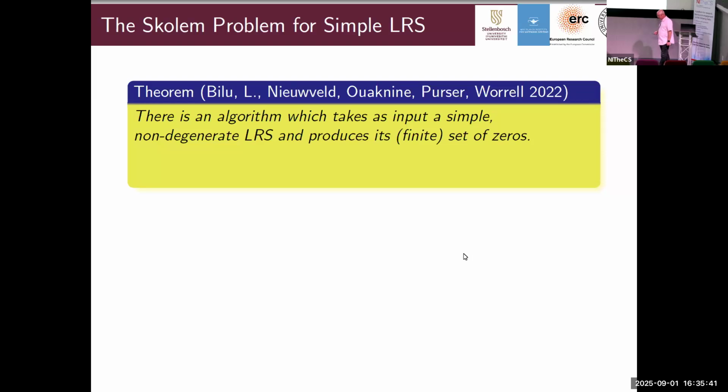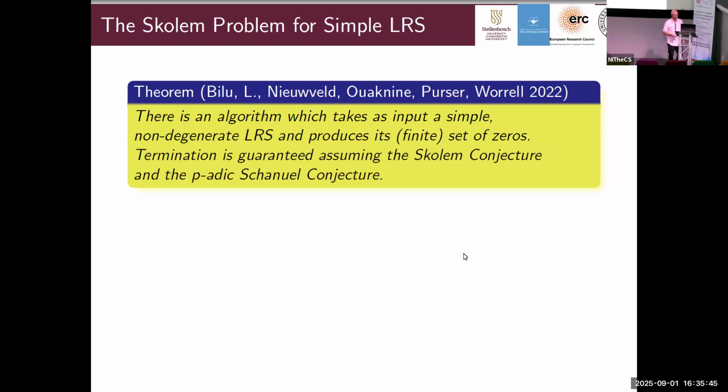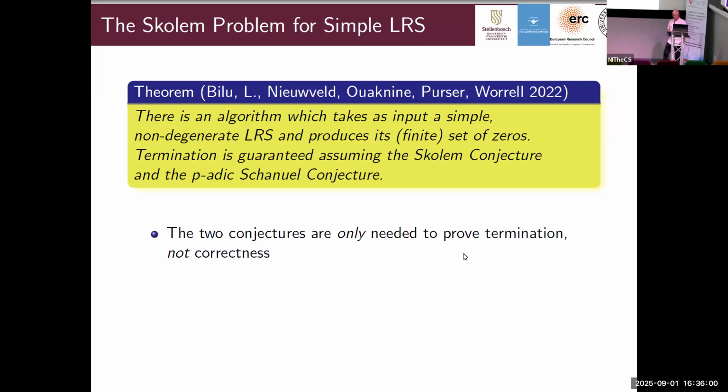So if you give us a simple linear recurrent sequence, then we can find all the zeros. However, termination is guaranteed assuming the Skolem conjecture and something called the p-adic Schanuel conjecture, which is even worse than the Schanuel conjecture I told you about, and I'm not going to go into those details. But the point is that those two conjectures are only needed to prove termination, not correctness.